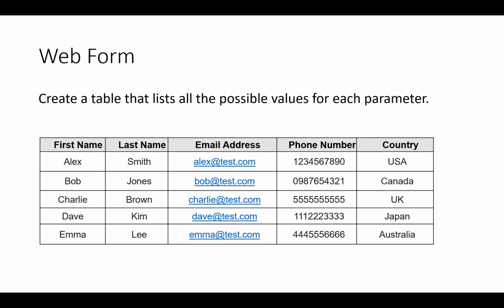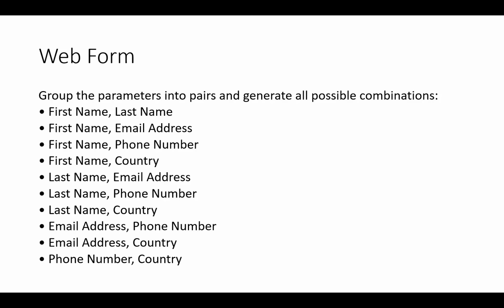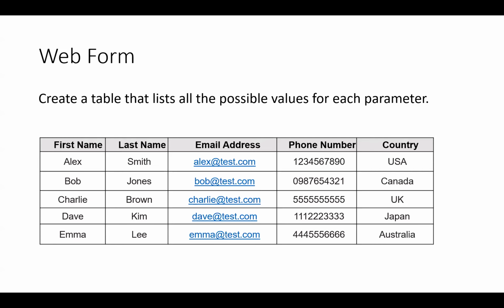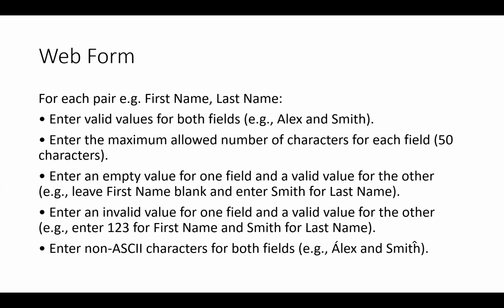Let's just say you have persons registering on this web form, so you create some test values. Then you will group parameters into pairs and generate some options, right? So you want to test first name and last name, then first name and email, first name and phone number, etc. So you're basically going to group all the different fields into pairs and test the form. That's good for saving some time.